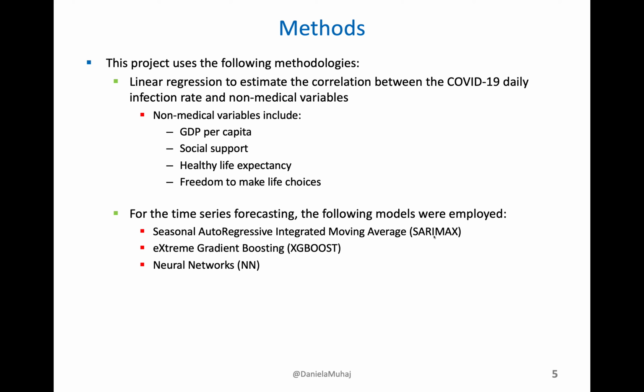And then for the time series forecasting part, we will be employing three different models: a seasonal autoregressive integrated moving average, which is an unsupervised machine learning forecasting model, and then extreme gradient boosting, as well as neural networks, which we're very familiar with.